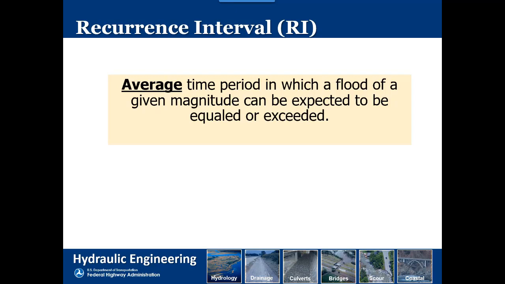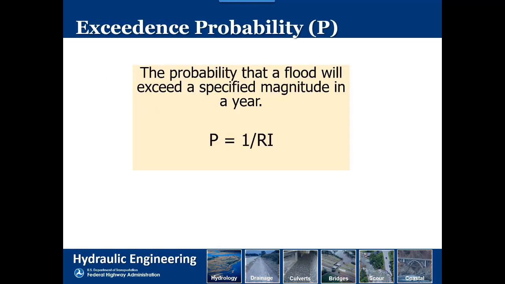No. That's on average. These days, that's not so true. The actual probability of seeing that storm is this little equation, which says the probability is equal to 1 over the return interval.